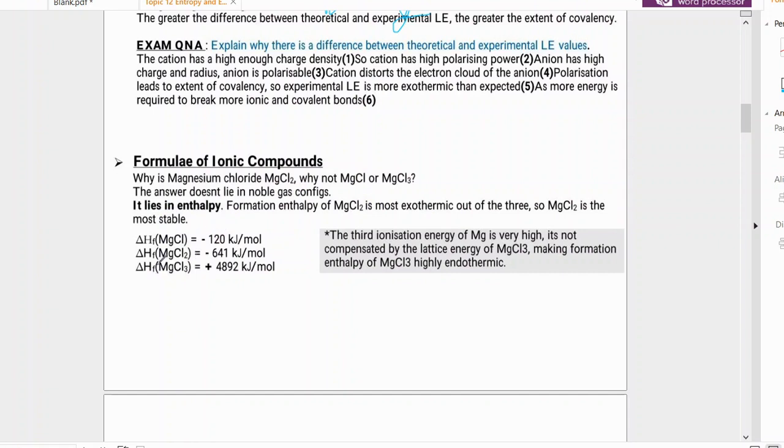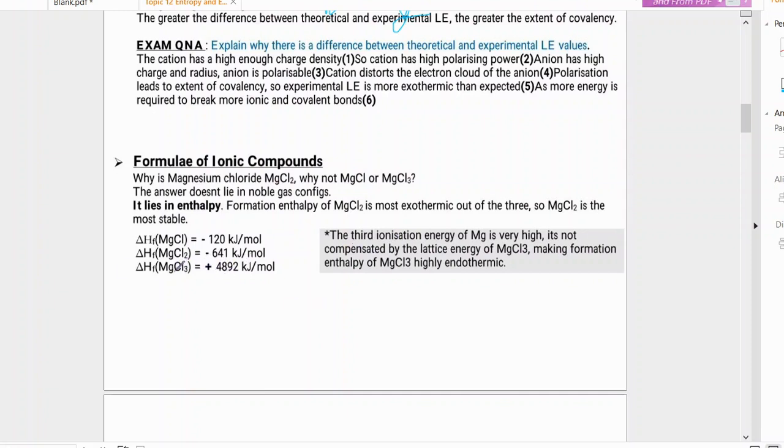So these are the formation enthalpies. This is exothermic, this is exothermic, this is endothermic. So, when we mix magnesium and chlorine, the greatest quantity of compound we will receive will be MgCl2. Some of this will be received because this is still exothermic, but the majority will be MgCl2, and this will not be present unless we give energy externally.